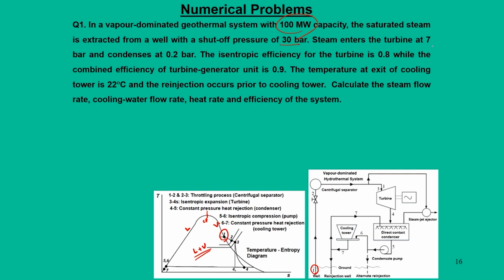Steam enters the turbine at 7 bar and condenses down to 0.2 bar. So, the turbine inlet is at 7 bar, but this pressure is available at, let us say, 30 bar.